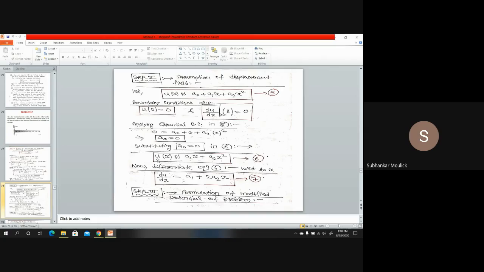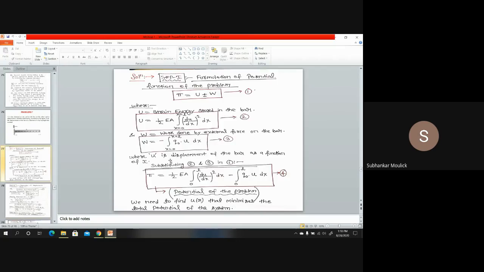Your displacement field equation becomes u of x, which is an approximated displacement field, approximately equal to a1x plus a2x square. Now you need to put this modified assumed displacement field in the potential of the problem.